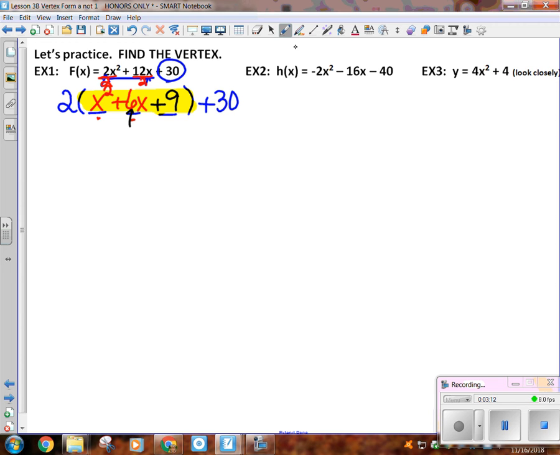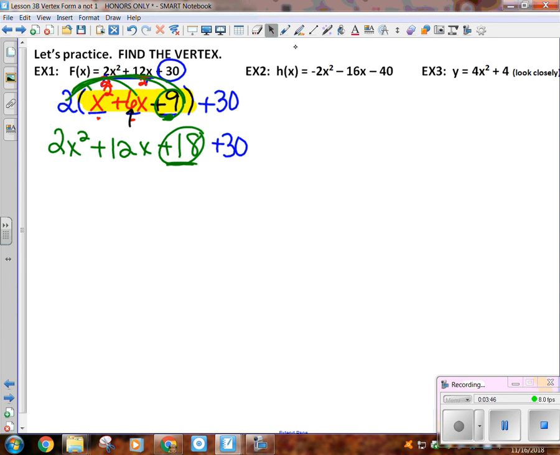Well, I'm still going to do that in some sense, except if I go back, that was really 2x squared, that was really 12x to begin with, which means 9 would actually really be 18. Notice I added a 9 in the parentheses, but it's really 9 times 2. I really added 18. That's the adjustment.